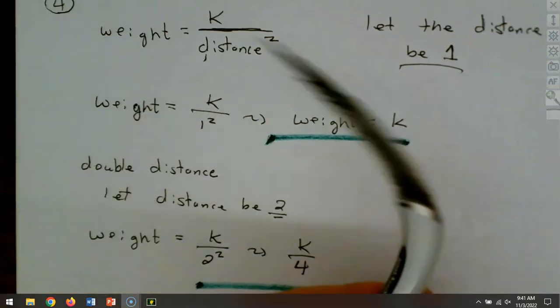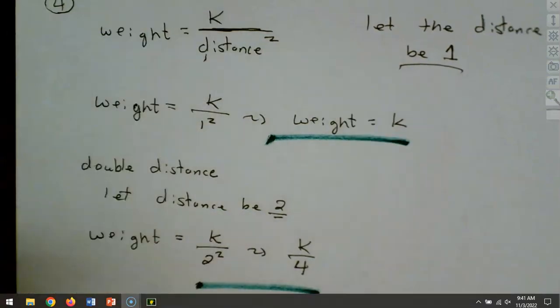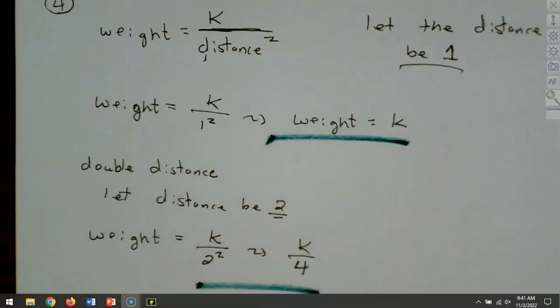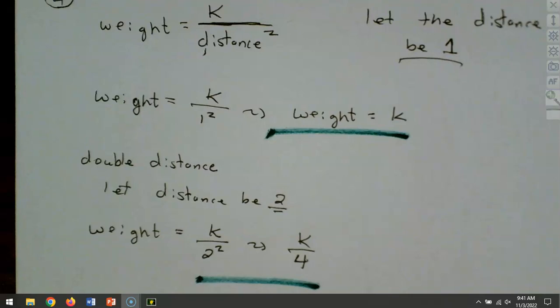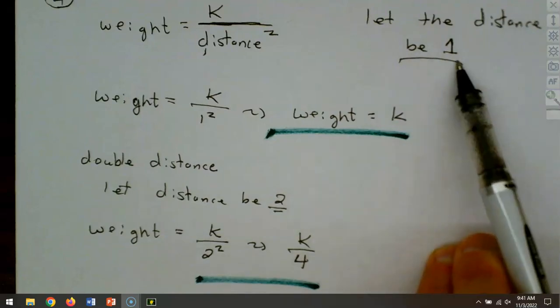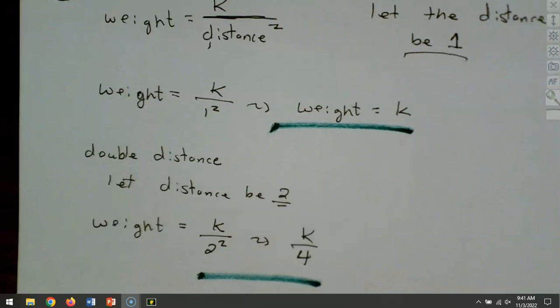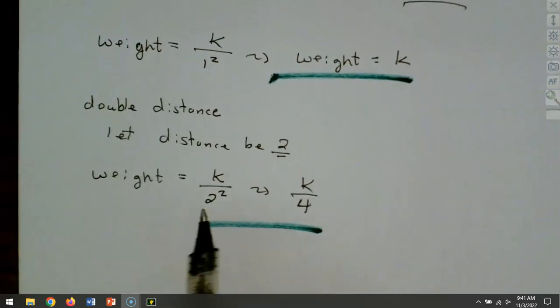Because if I use 1 just as a starting point, and I plug that in, I get my weight to be some constant k. Now, if I double my distance, so if I double the 1, that's going to make it what? 2. Okay, and if I plug my 2 in, well, what happens when you square the 2? Makes it 4, right? So now instead of k, it's k over what? 4.